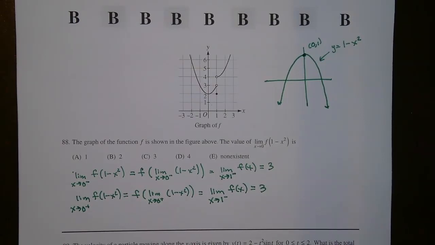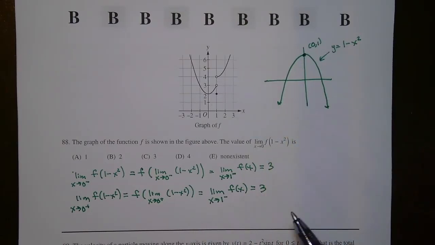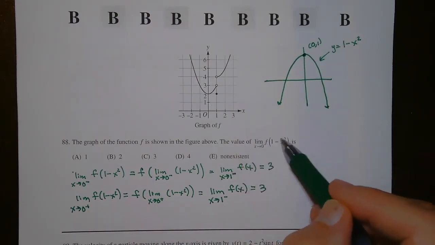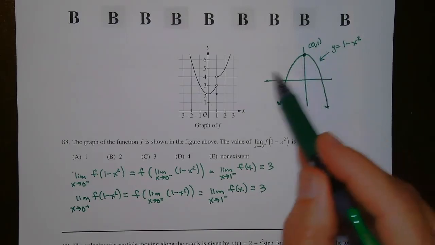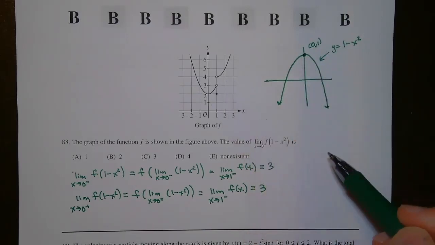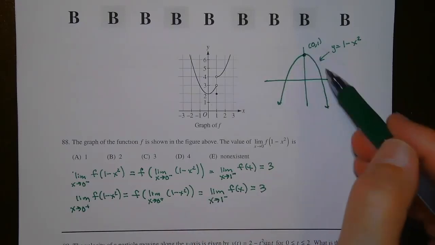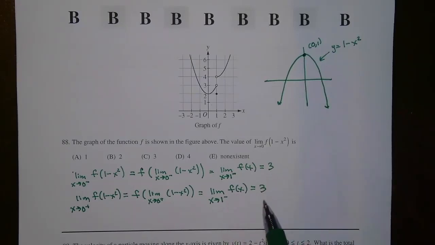Now, most of you would probably go to non-existent, because there's this jump discontinuity. But that's not true. It's actually 3, because as we put 0 into this, we are approaching 1 from the same direction. We're not approaching 1 from different directions. Because of the way 1 minus x squared behaves, we're actually approaching 1 the same way, which gives you the same value of 3.